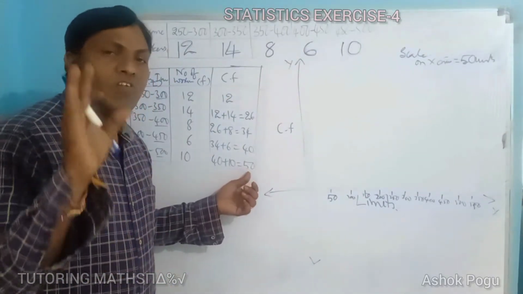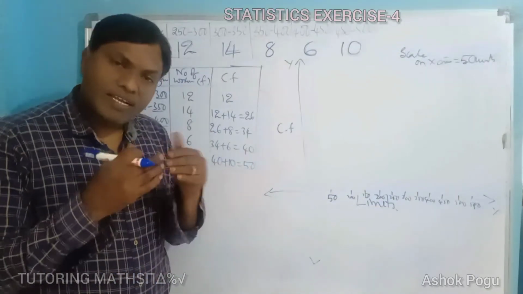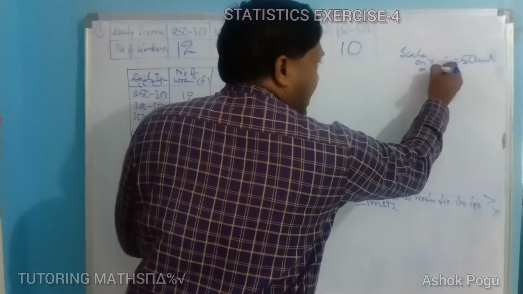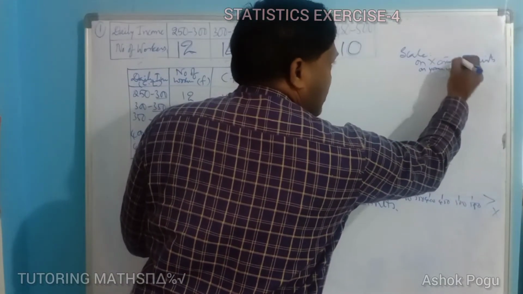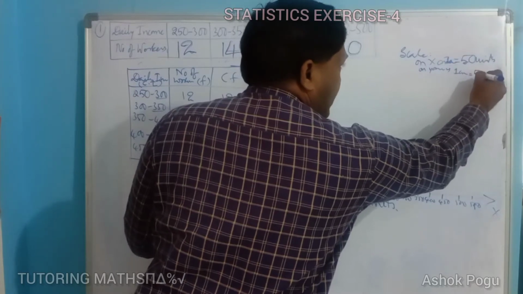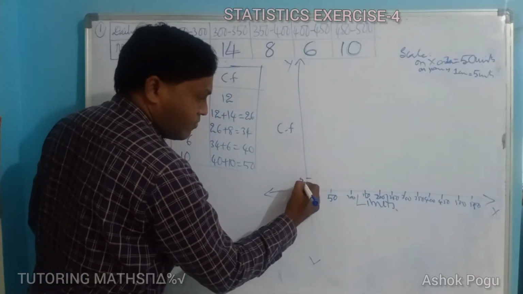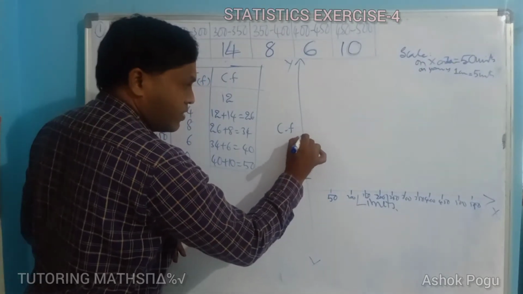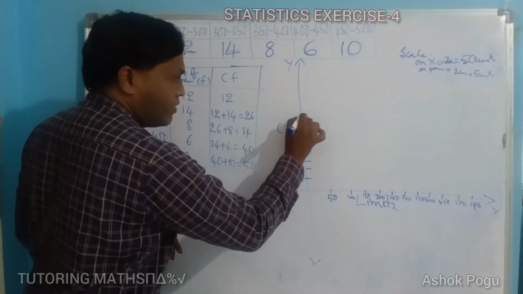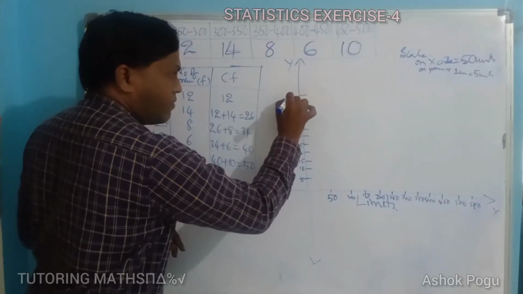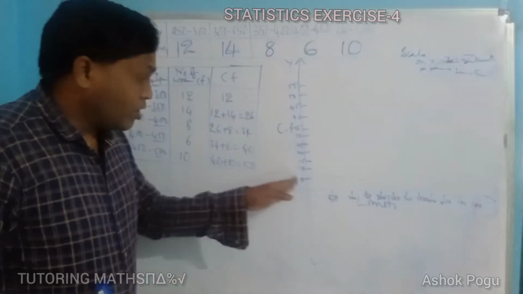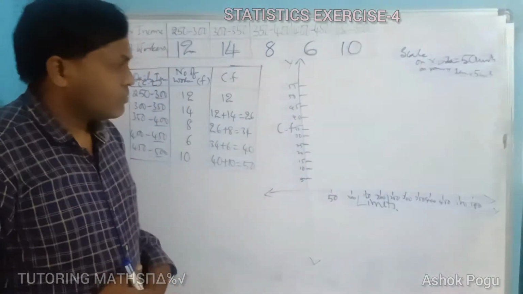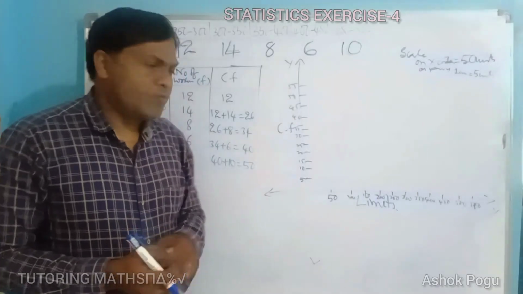So it is better to take 5 units, which is very simple for understanding purposes. On the y-axis, 1 centimeter equals 5 units, so it starts with 5. 5, 10, 15, 20, 25, 30, 35, 40, 45, 50 and 55. Because 1 centimeter is taken as 5 units, we start with 5s, all 5s. So everything is taken on the graph paper.